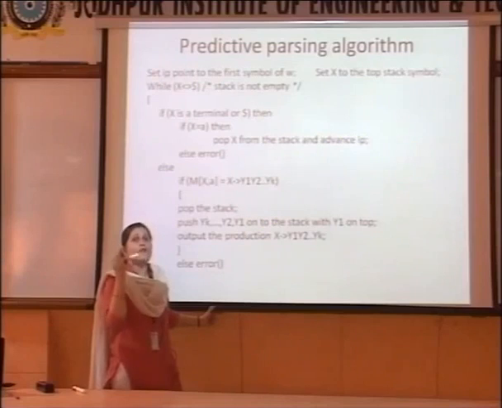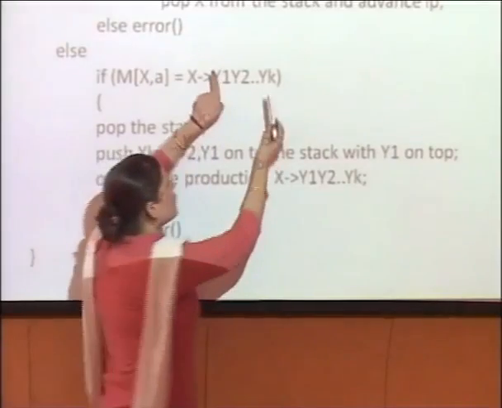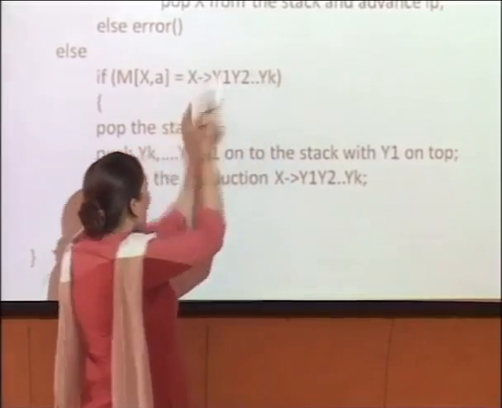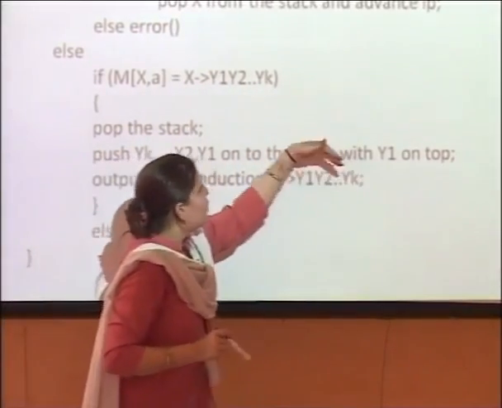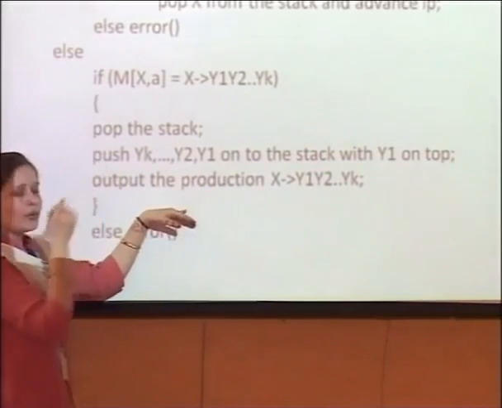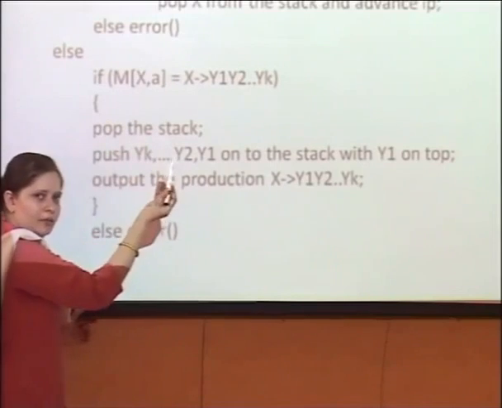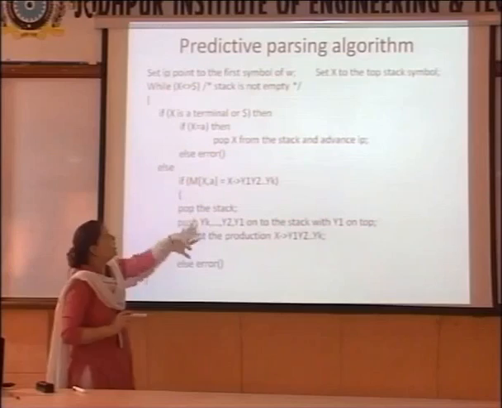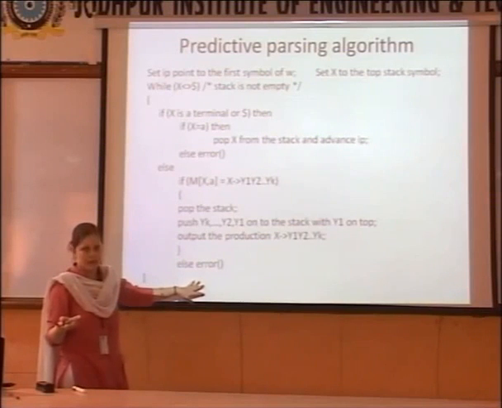That means we are forcing it to scan from right, but it is not possible because the compiler scans from left to right. That's why we have reversed this production. After pushing it onto the stack, the same process will repeat. If neither condition matches, that means we have received an error.